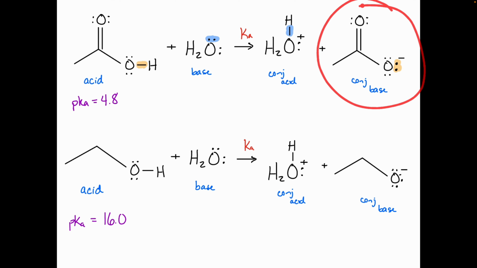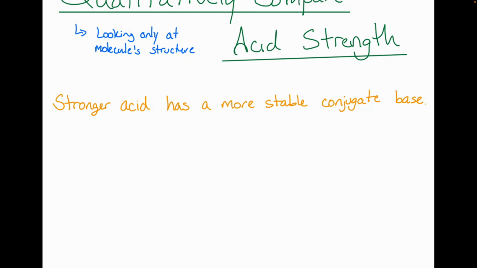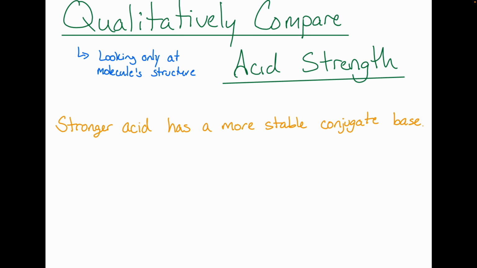The fact that this molecule is so much more stable with that negative charge than this molecule is how I know that acetic acid is a stronger acid. An acid is going to be very willing to give up its proton if it's nice and stable without it. So that's what we're looking at: the structural features of these conjugate bases to figure out how strong our acid is. Again, this is super important to keep in mind. A stronger acid means we have that more stable conjugate base. That's the key to life here.